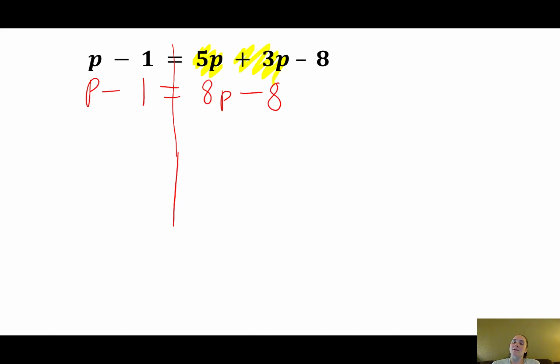Now, getting my variables on the same side, I've got a p on the left and a p on the right. So I'm going to pick the smaller of the two. I'm going to subtract p from both sides, because we always do opposites when we're solving equations. That leaves me negative 1 equal to 8p minus 1p gives me 7p minus 8.